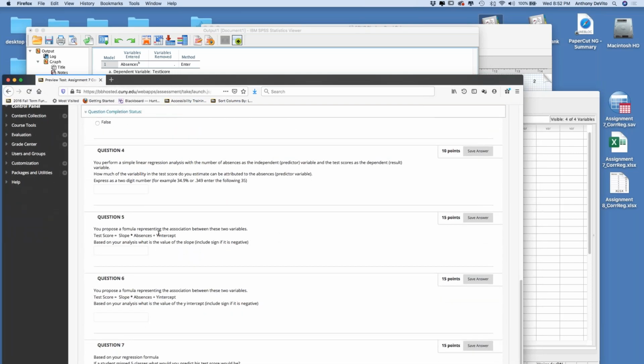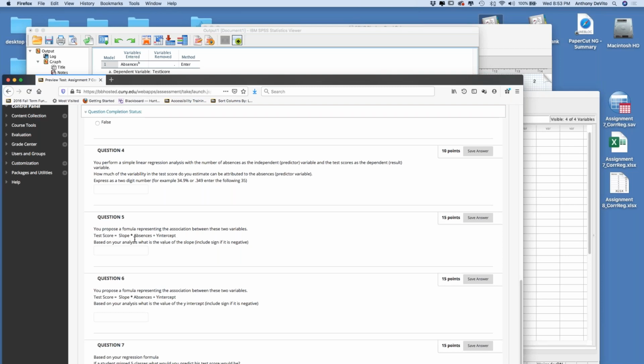You propose a formula representing the association between these two variables. The test score is equal to the slope times the absences plus the y-intercept. In other words, beta 0 plus beta 1 times x. Excuse me, this is actually in the form mx plus b, or beta 1 times x plus the y-intercept.